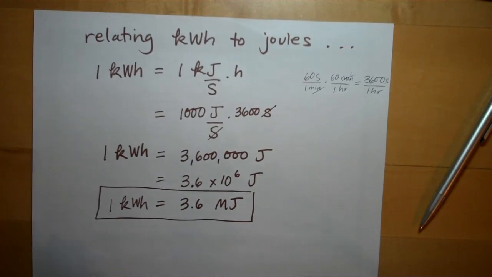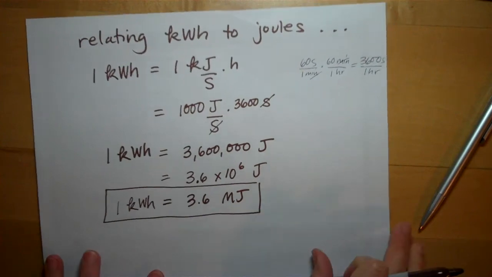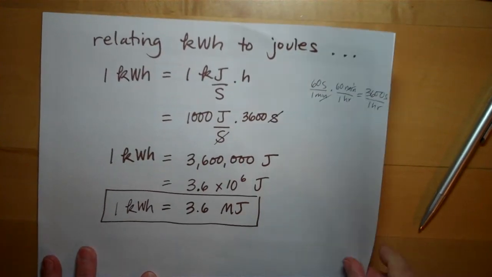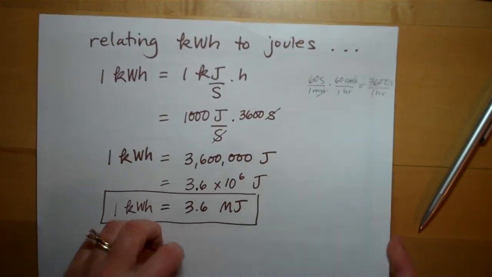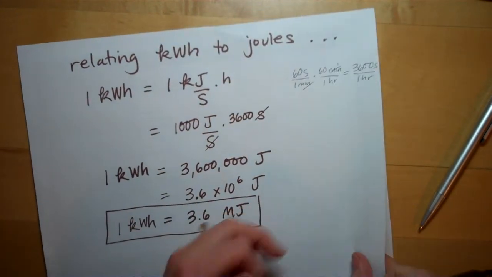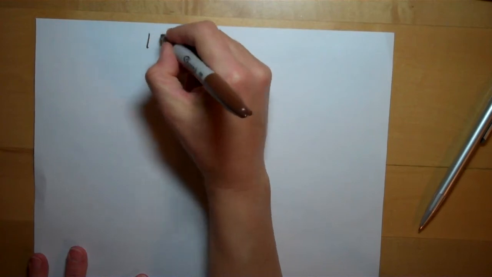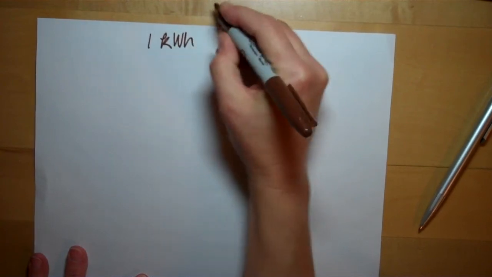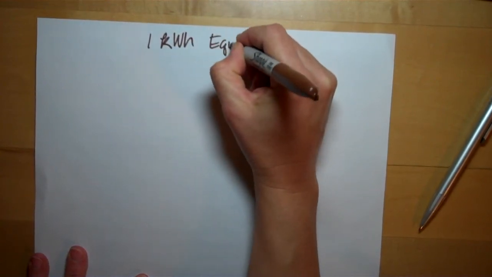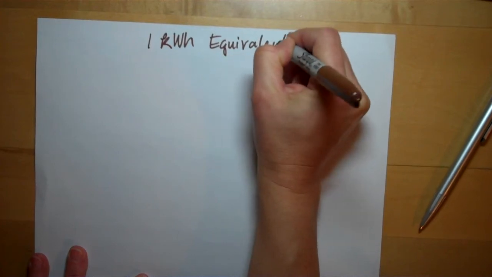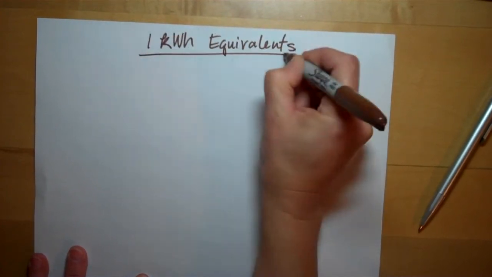So now that we have that relationship, I want to show you how it's related to the other units. So we're relating 1 kilowatt hour, and we're going to show its equivalency to other units.